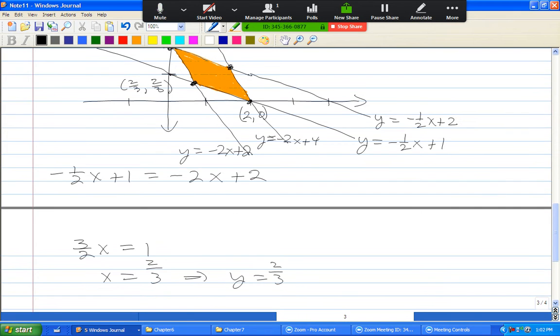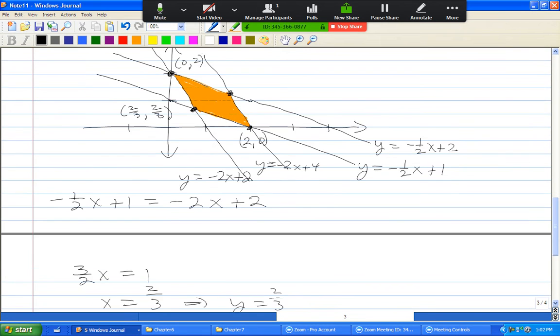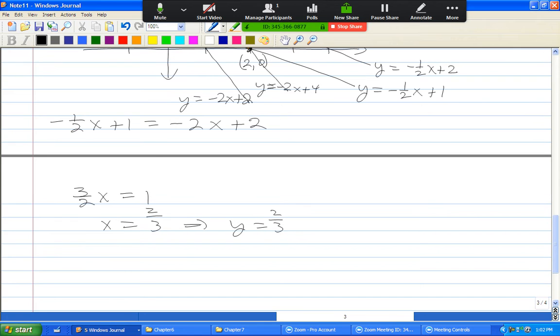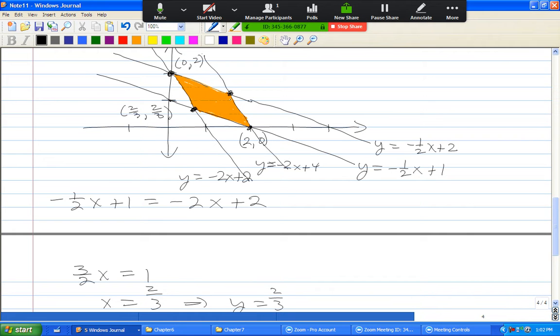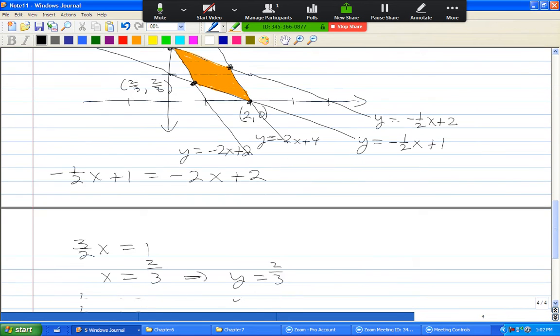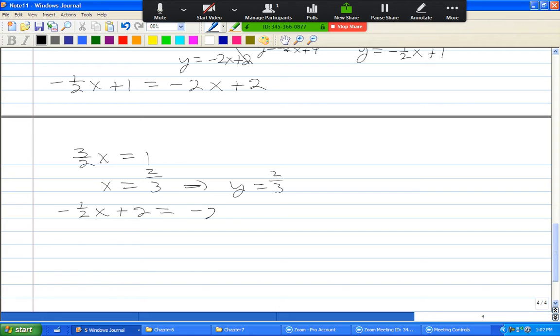Let's figure out the other point. So let's set negative 1/2 x plus 2... equal to this other constraint, negative 2x plus 4. Add 2x to both sides.